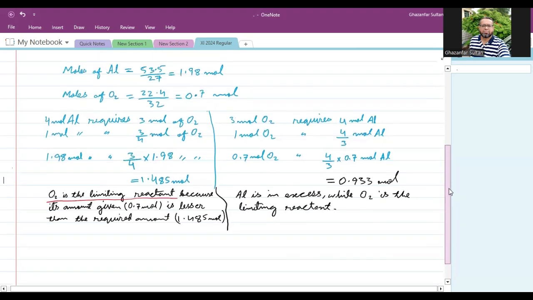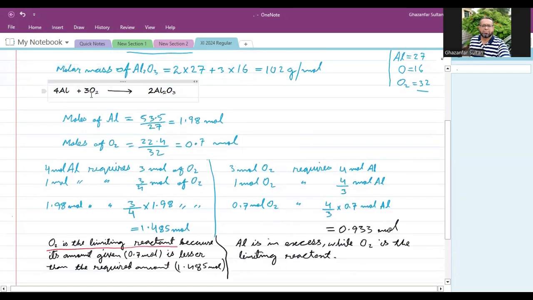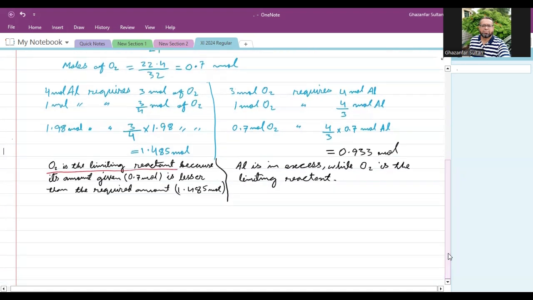From the chemical equation, 3 moles of oxygen produce 2 moles of aluminum oxide.